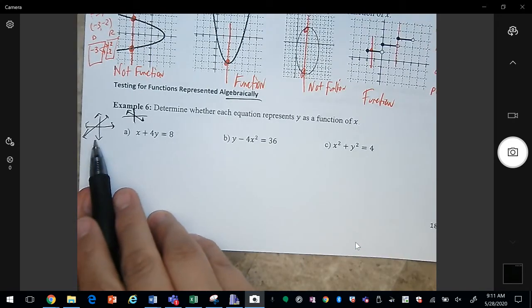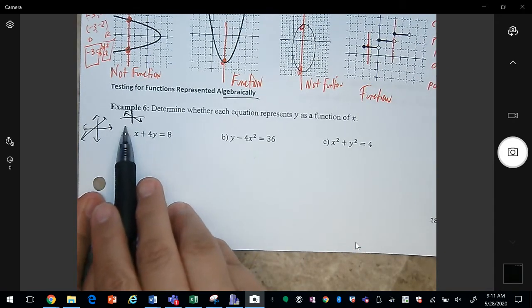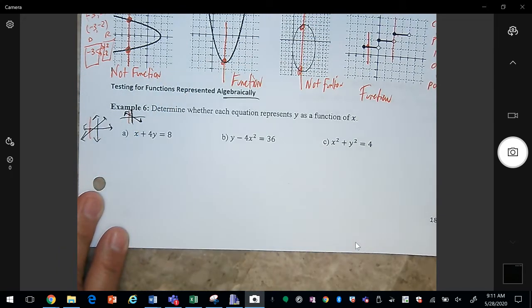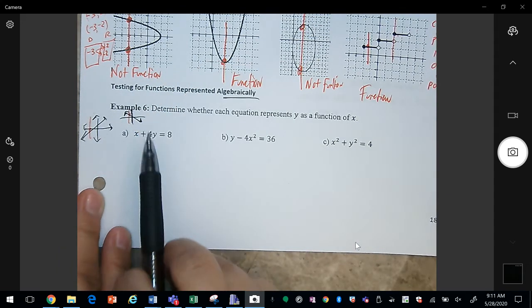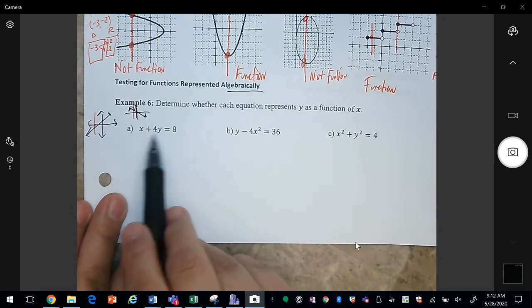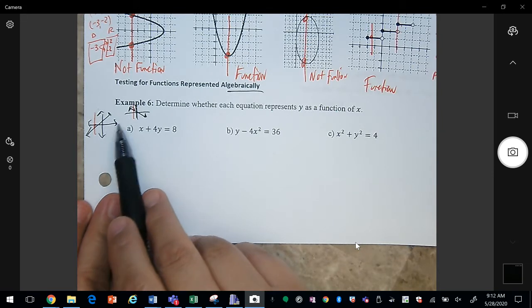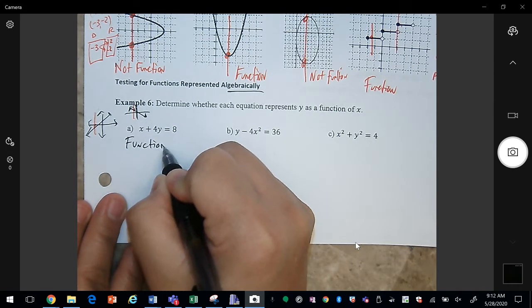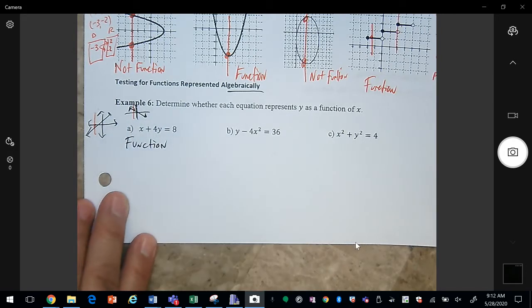Whether it's like this one or this one, if you were to draw a vertical line, it's going to pass that vertical line test. So anything that's a linear equation would be a function. They'll pass the vertical line test.